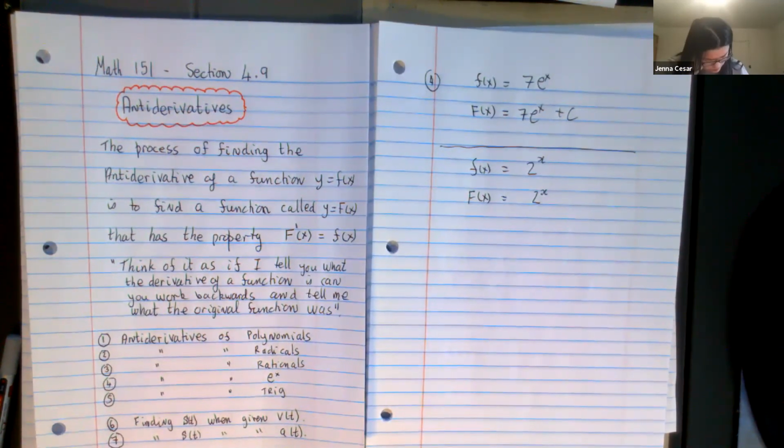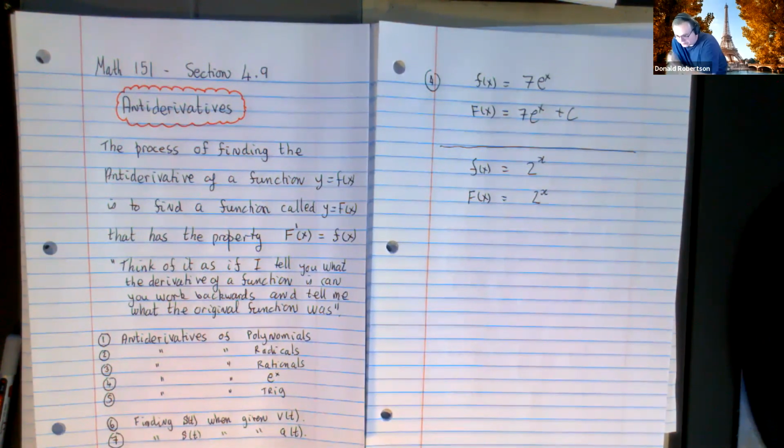If I differentiated 2 to the power of x, right? So forget antiderivatives there. If I differentiated 2 to the power of x, wouldn't the answer be 2 to the power of x times the natural log of 2? Remember, differentiating.